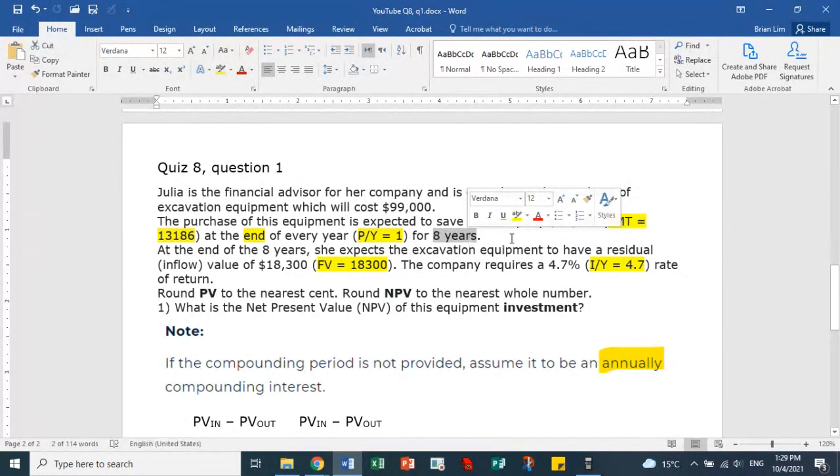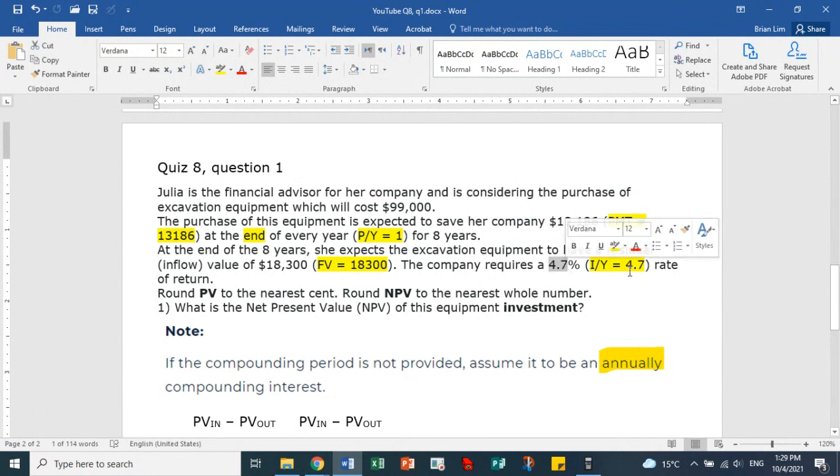So they're expecting the equipment to last at least 8 years. Okay, now at the end of 8 years, they expect it to have a residual value, meaning they can sell it or somehow get $18,300 for the equipment. All right, now the company requires 4.7% rate of return.